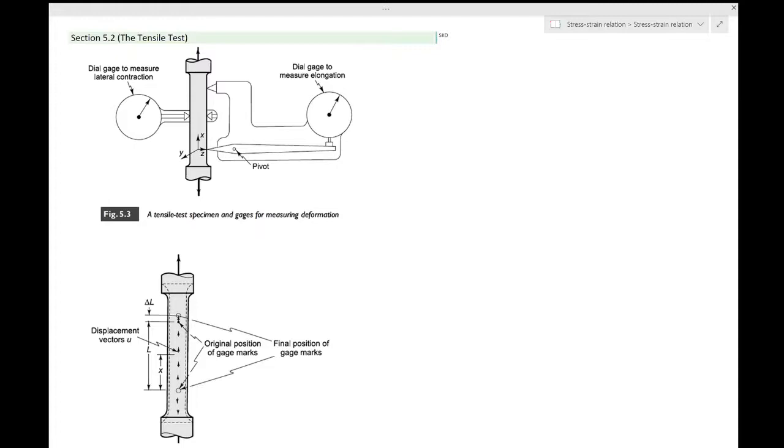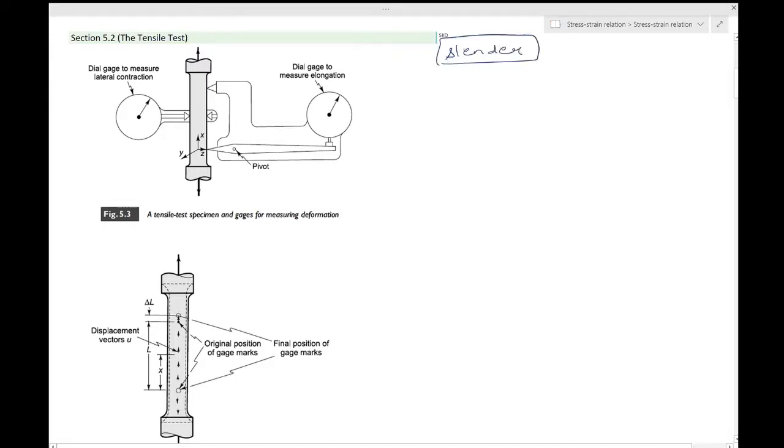So we want an experiment which is made simple, and the tensile test is that experiment. The most simple loading situation we can imagine is one in which a relatively slender member is pulled in the direction of its axis. Okay, so you have a slender member. Remember what this was?